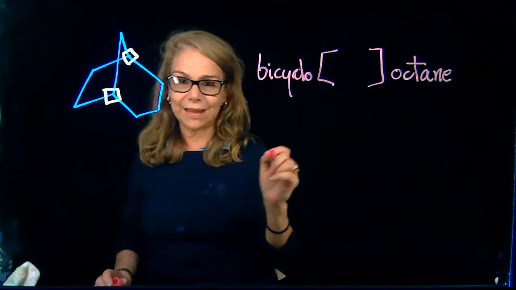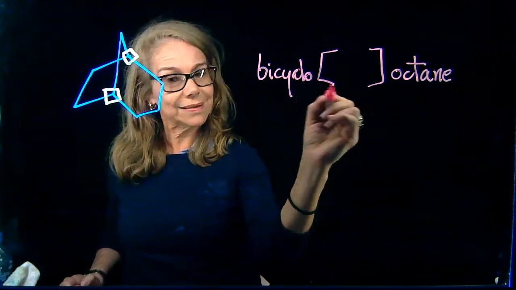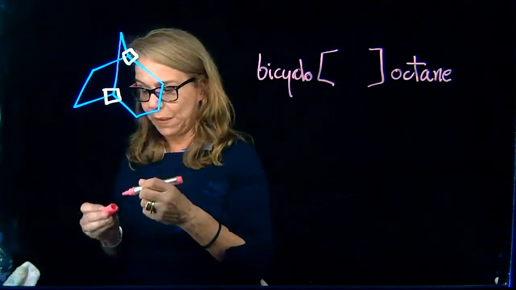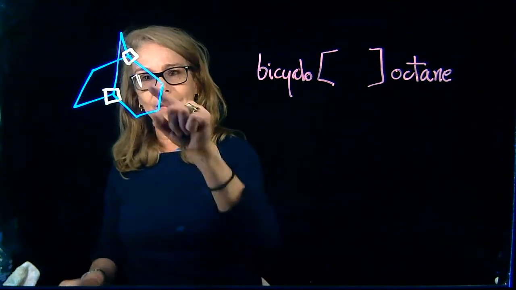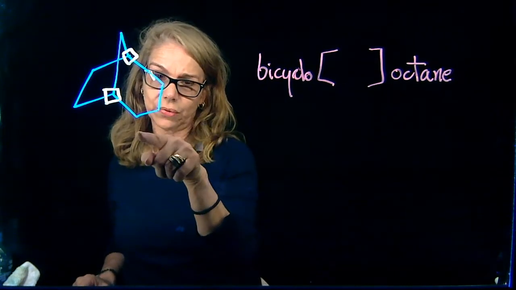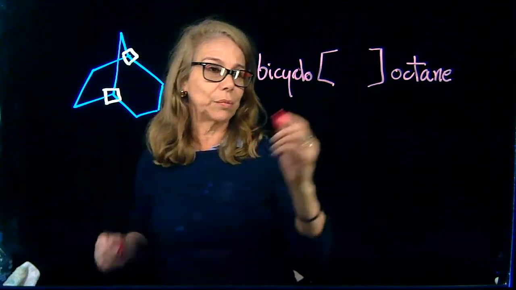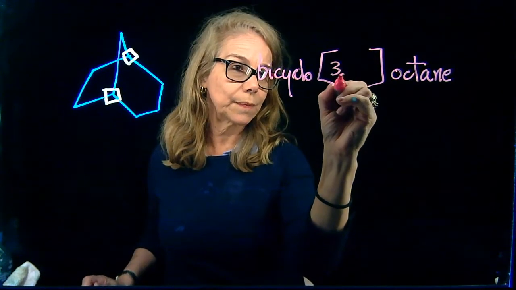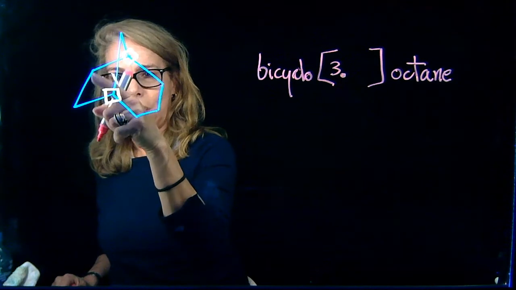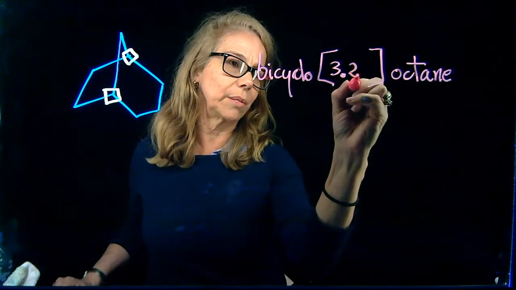So that's that. Then to specify how these are connected, we're going to look at the bridgeheads. But now this time, notice that on this side of the bridgeheads, I count 1, 2, 3 carbons. So I'm going to put a number 3 here. Then to the other side, from the bridgehead I have 1, 2, and I'm going to write a number 2 here.